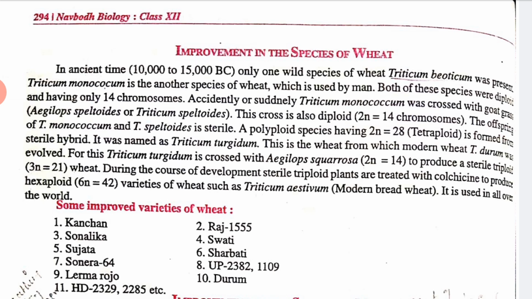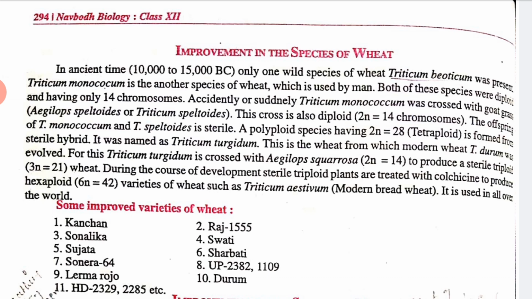Both of these species were diploid, having only 14 chromosomes. Accidentally, Triticum monococcum was crossed with a goat grass, and this cross is also diploid, 2n equals 14 chromosomes. The offspring of T. monococcum and Aegilops speltoides is sterile. A polyploid species having 2n equals 28 is formed from the sterile hybrid.